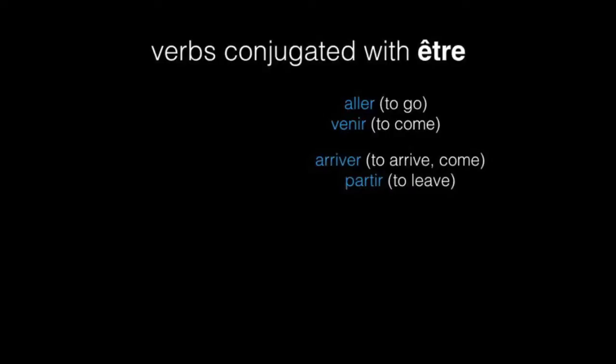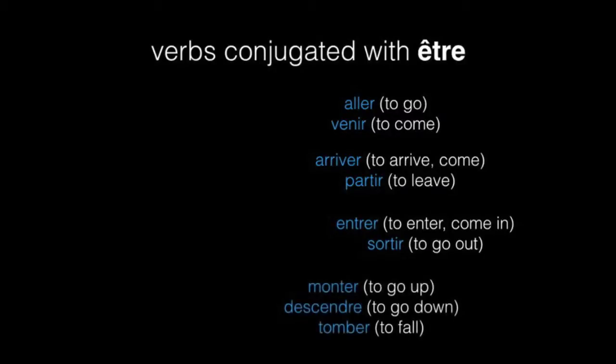Verbs conjugated with être: aller, to go; venir, to come; arriver, to arrive; partir, to leave; entrer, to enter; sortir, to go out; monter, to go up; descendre, to go down; and tomber, to fall.